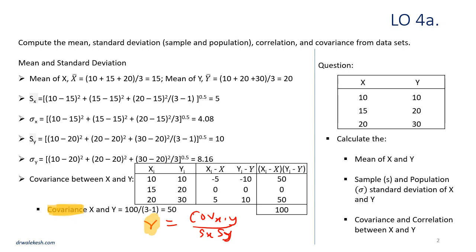Correlation ranges from -1 to +1. So we have computed covariance already, which is 50. So that will be 50 divided by the standard deviation of x, which is 5, times standard deviation of y, which we have computed as 10. That implies that our correlation will be 1.